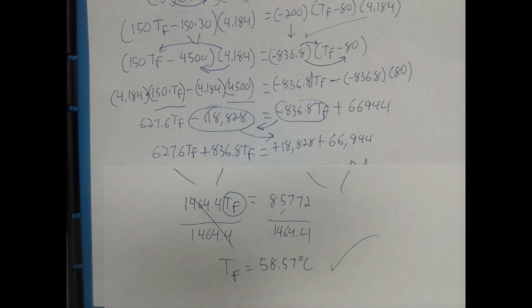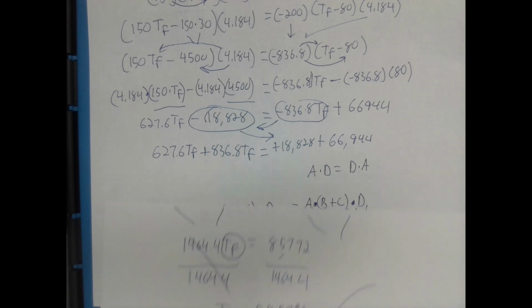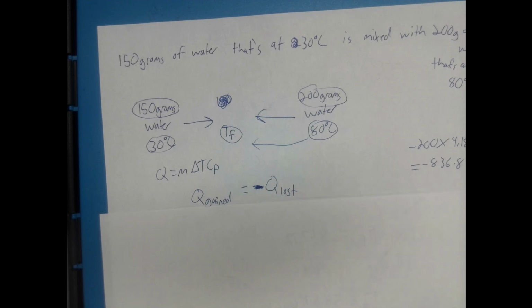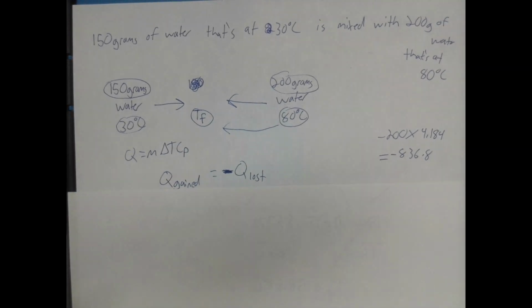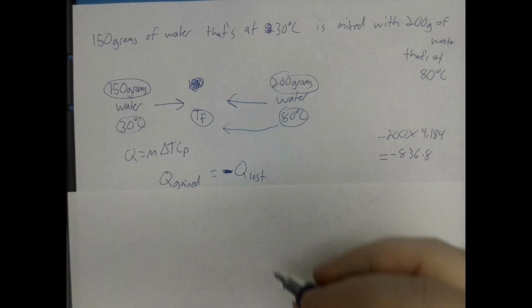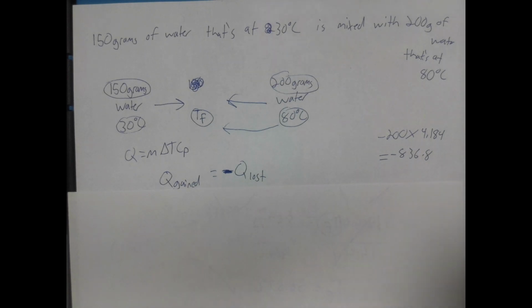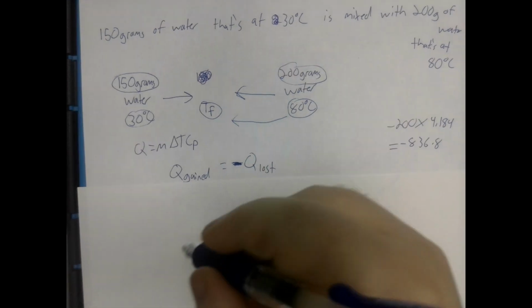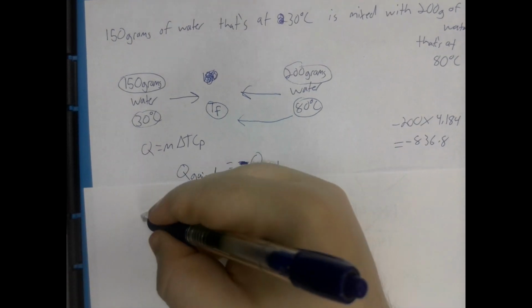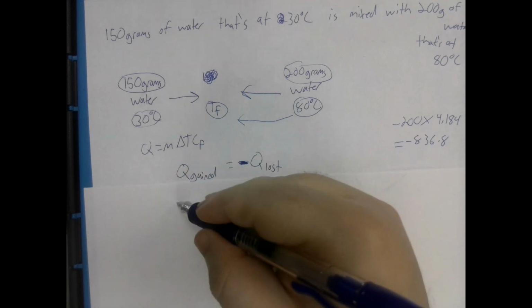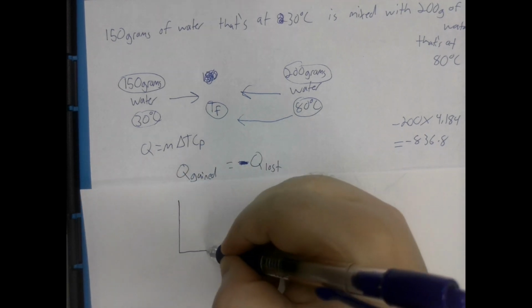So I'm going to redo this all super quickly in another way. So let's relook at this problem. We have 150 grams of water at 30 degrees Celsius. We can imagine this as two different things.